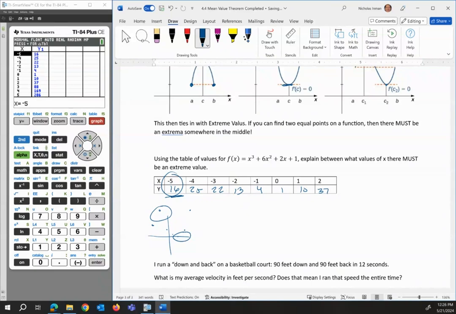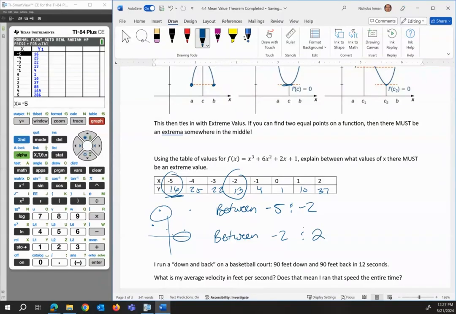So I know somewhere between -5 and -2, and between -2 and +2, I've also got to have another extreme value.